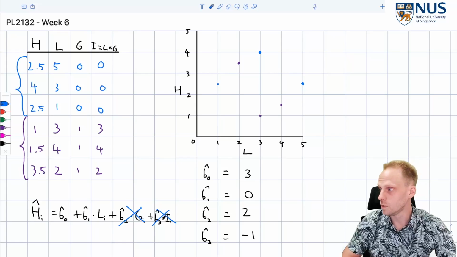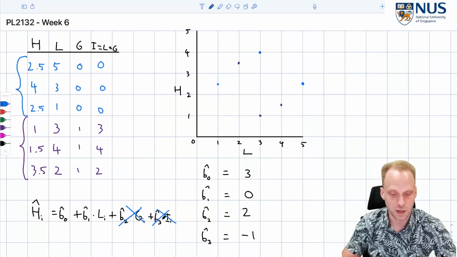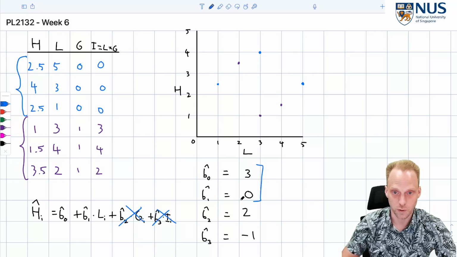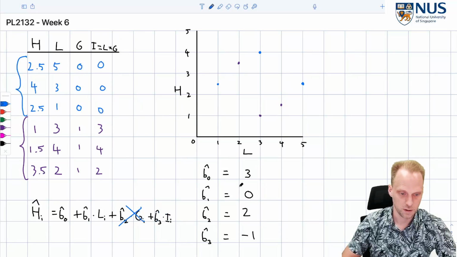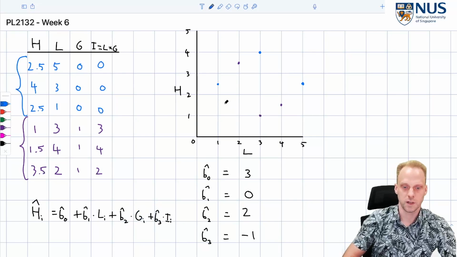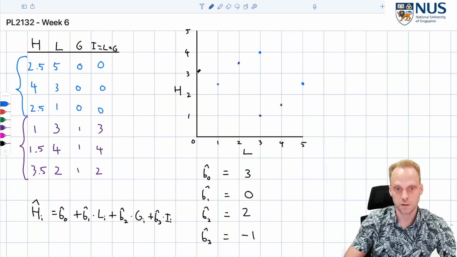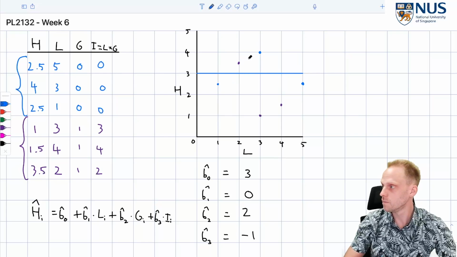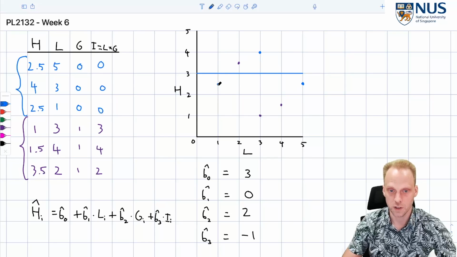Right, so B2 and B3 are not playing any role for the hamsters. So that means we just need these two values to draw the regression line for the hamsters. Okay. So let's look. There's an intercept of 3 and a slope of 0, meaning that we now have a flat line. And you see that fits really nicely through the blue points. Right? So this line only cares about the blue points, not about the purple ones.